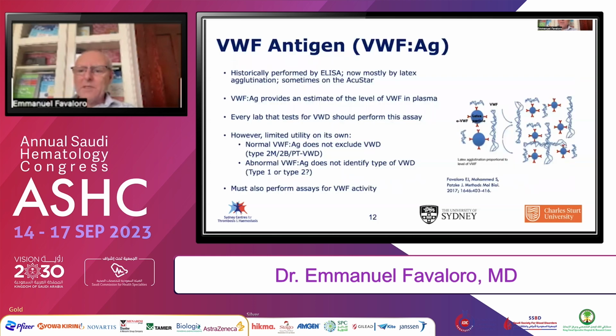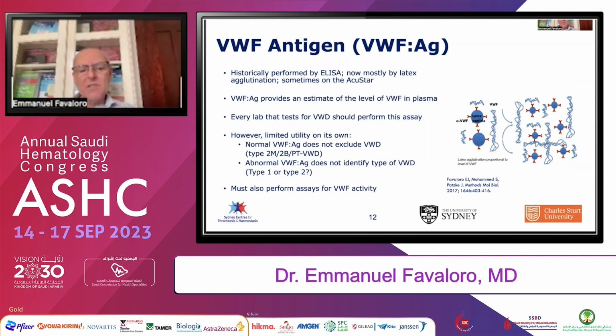So before I talk about some of the new assays, I think it's important to talk about some of the older assays and some of the standard assays. VWF antigen, historically performed by ELISA, now mostly by latex agglutination, and that's an example I'm showing on the card on the right. Sometimes it is performed on the AccuStar, for example, in our laboratory. Now, von Willebrand factor antigen provides an estimate of the level of von Willebrand factor in plasma, and every lab that tests for von Willebrand disease should perform this assay.